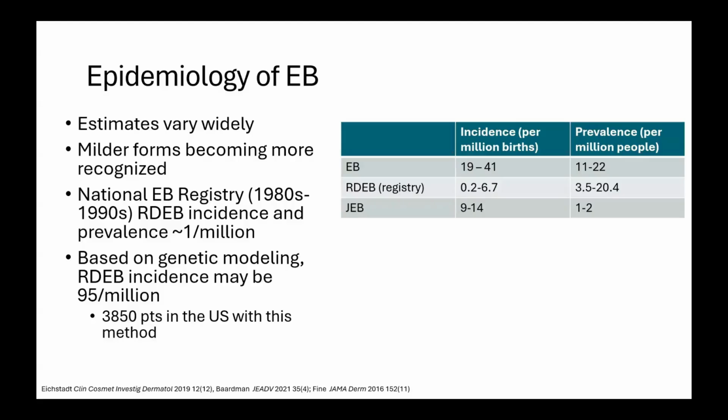With this method, the group at Stanford estimated that there were about 3,850 patients in the U.S. with RDEB. And the estimates for JEB also vary. Incidence is about 9 to 14 per million births, and the prevalence is 1 to 2 per million, which is accounting for, unfortunately, quite a high mortality in some of the more severe forms of junctional EB.